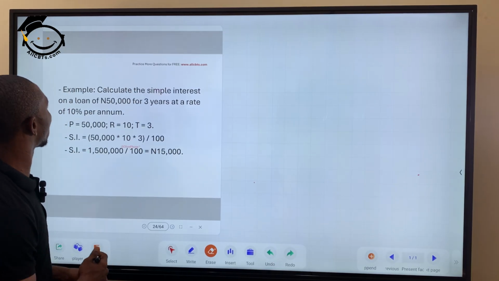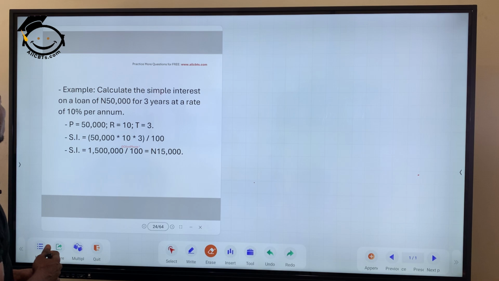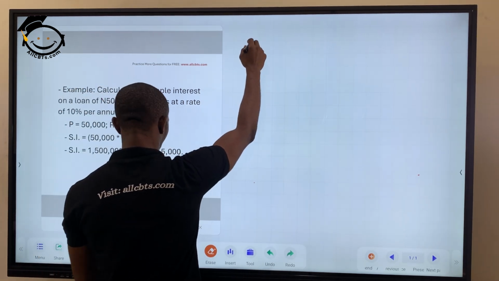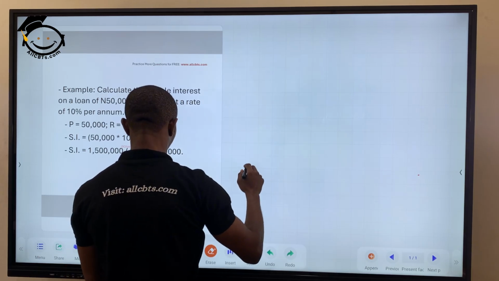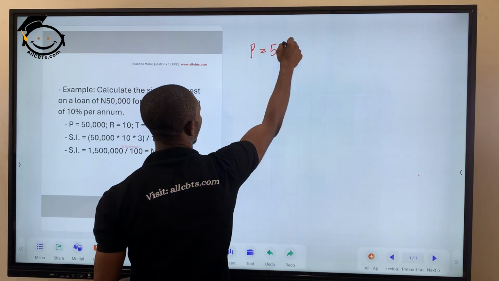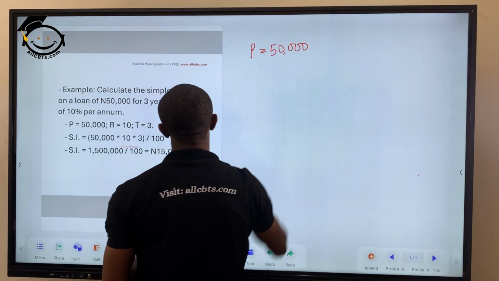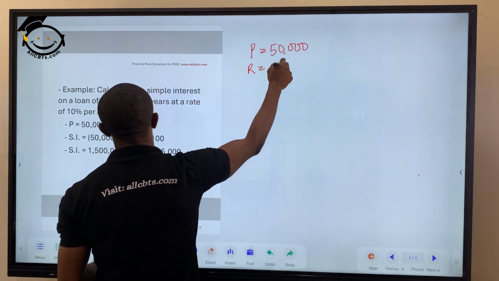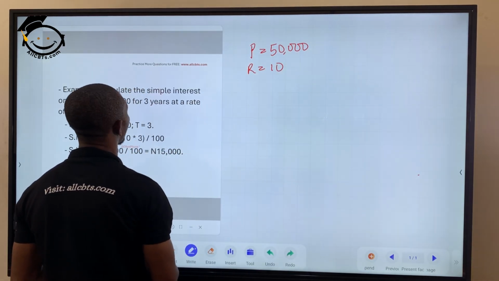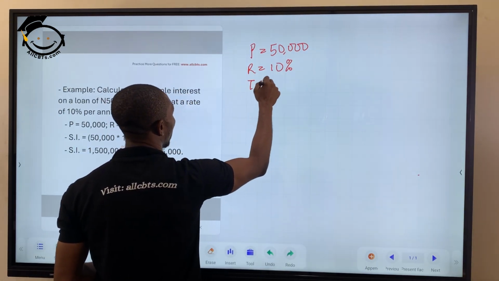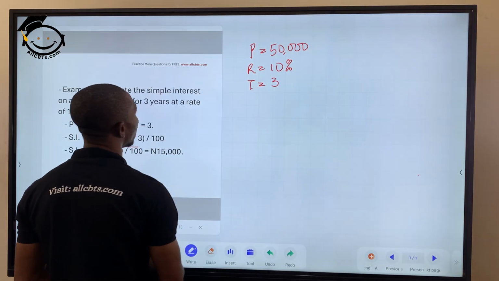Alright, now it says calculate the simple interest on a loan of 50,000, which acts as our principal. So our principal P is 50,000. Then the rate is 10% per annum, and the time is 3 years. All right.